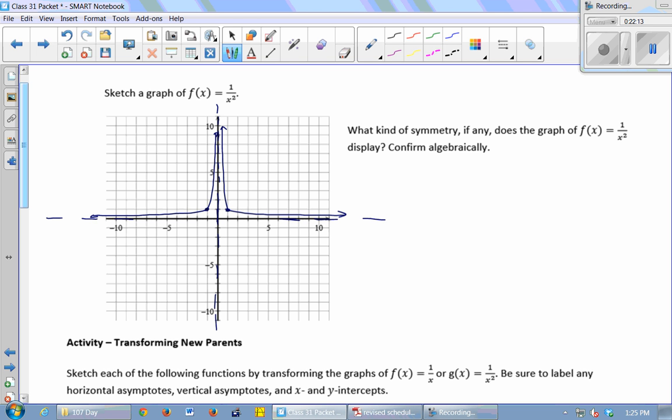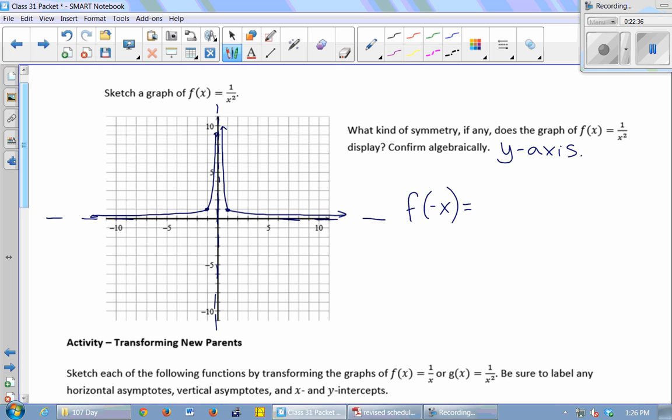Does this appear to have any symmetry? Y-axis symmetry. Yes. To confirm it, I'm going to have to evaluate f of -x. And if I have y-axis symmetry, when I evaluate f of -x, I should get f of x back.